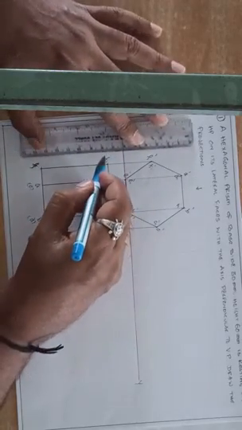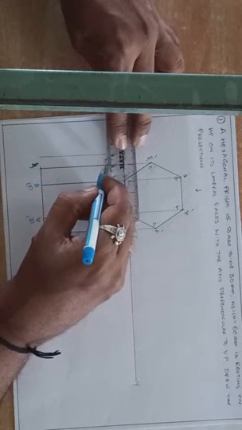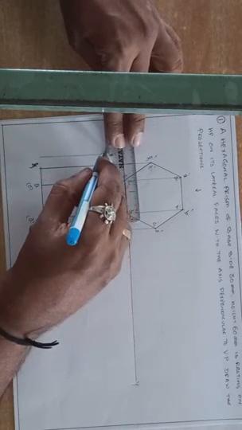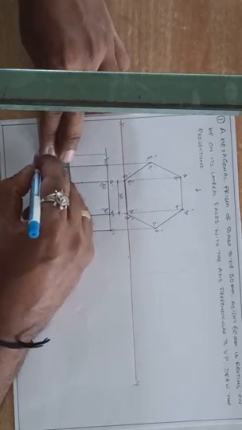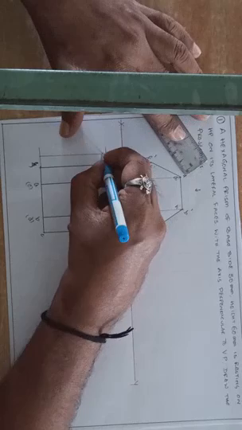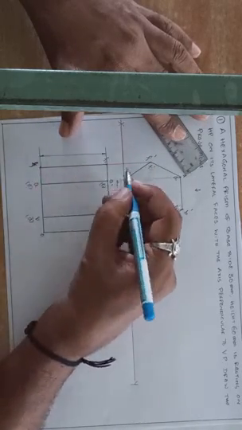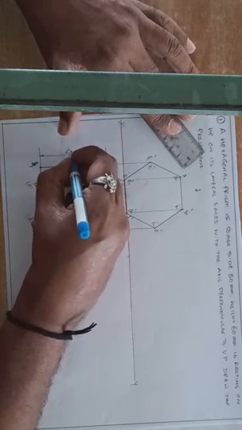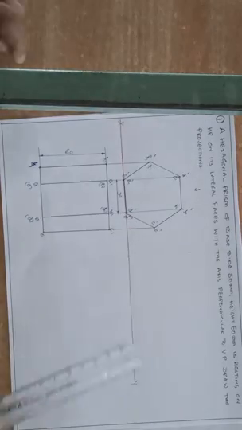Similarly, this height also we can mention, sometimes it is called height or length, all are the same. Dimensioning: if you do all the dimensioning, then only they will award you full marks. Right. So now the front view and top view are done.